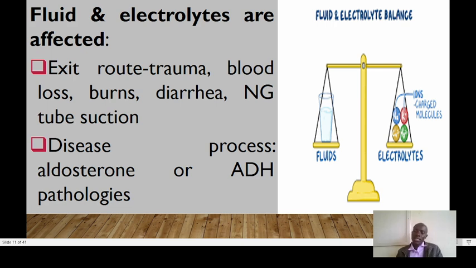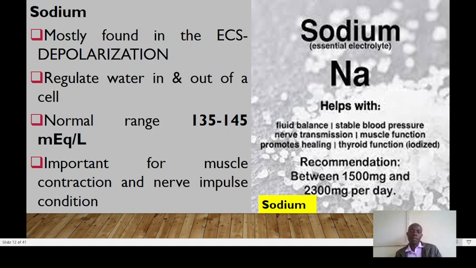Conditions such as aldosteronism and ADH pathologies could also interfere with this state. Remember, when we were looking at regulation of water, we mentioned what ADH does and what aldosterone does. So if we have any pathology in these, automatically it's going to affect the fluid balance.